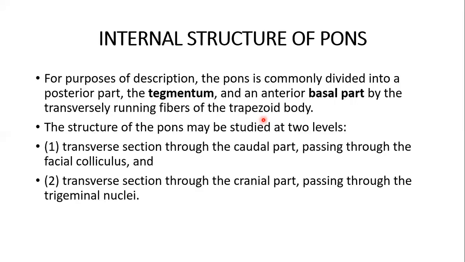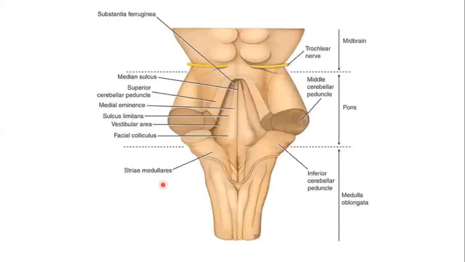So there is a trapezoid body in that, and you see, two sections are made of the Pons for the study. One is the caudal part where the facial colliculus is present, and the other is the cranial part where the trigeminal nucleus is present. This is the caudal or lower part, where the facial colliculus is present.